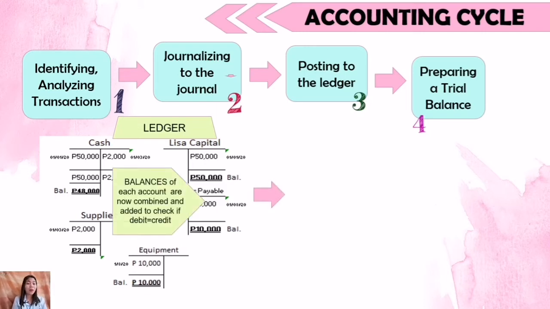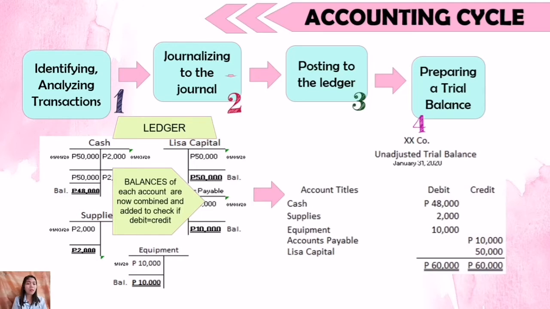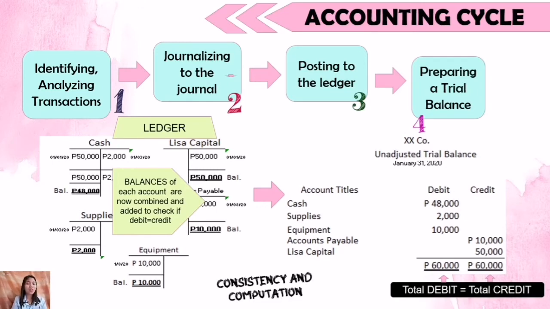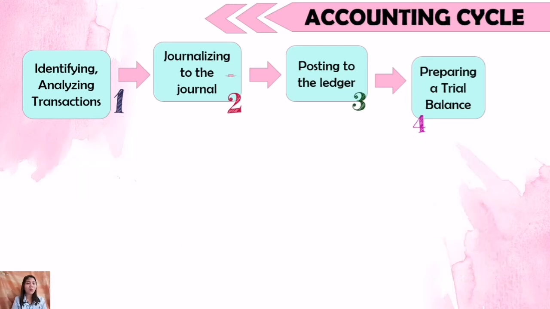Now we need to combine this in a specific format, such as unadjusted trial balance, then listing the account titles with a debit column and credit column and summing both. For this unadjusted trial balance, the total amount of debit must be equal to the total amount of credit. If not, then you need to go back to your step 2 and 3 to check where you went wrong. So here we need consistency and correct computation.